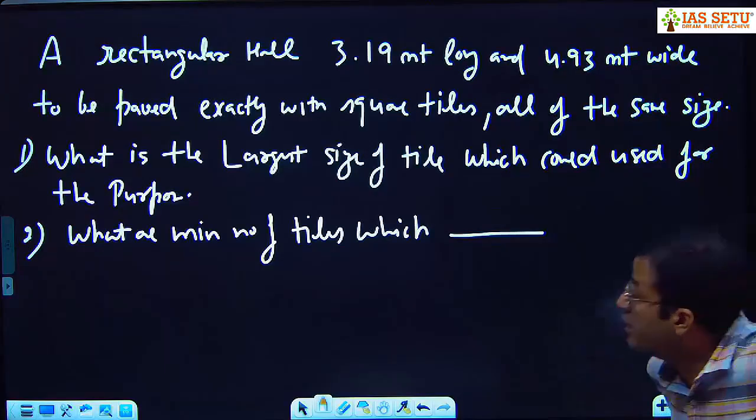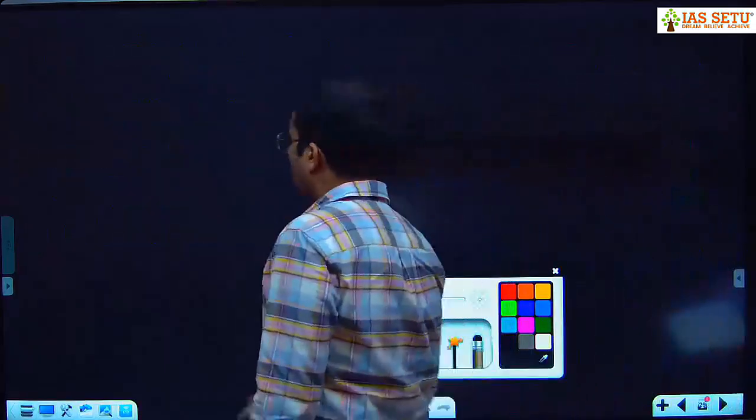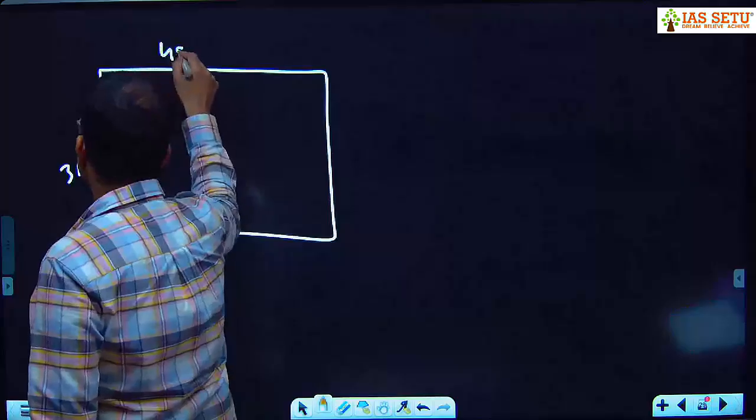Done. So here first what we will do, we will find HCF. Sorry, this is 319 centimeter. This is 493 centimeter.